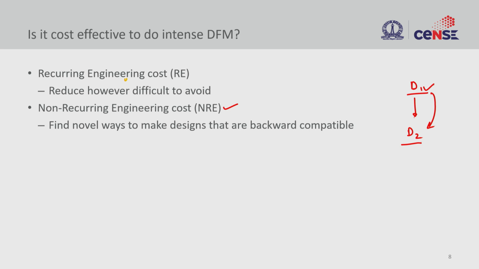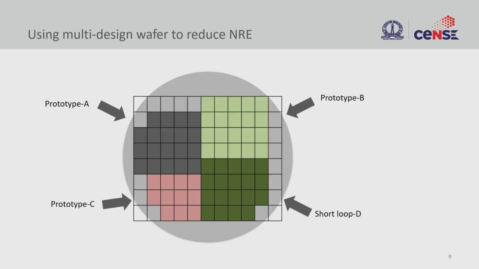So there are few design parameters that you can still keep unchanged going from one generation to another, right? So this may be related to one generation of node to another, but primarily the same node, but you are doing different functionality. If that is the case, then you may want to have a good compatibility between different device generations so that you can avoid engineering cost, okay?